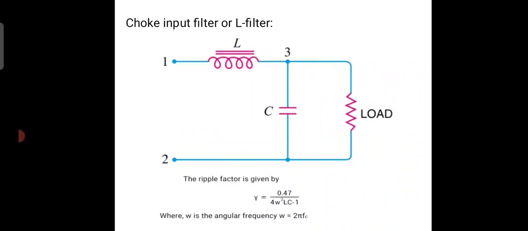As we know, the output of a rectifier is applied at the points 1 and 2, then the AC signals of the rectifier travel across the choke. The rectifier output consists of pulsating AC as well as DC.